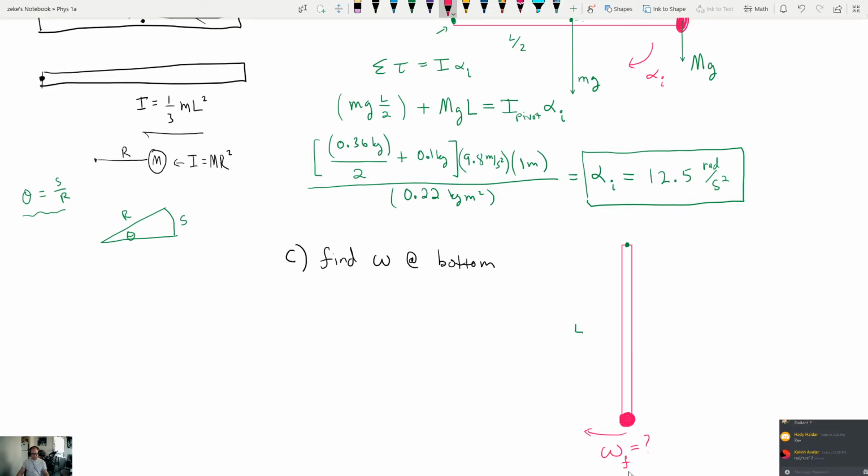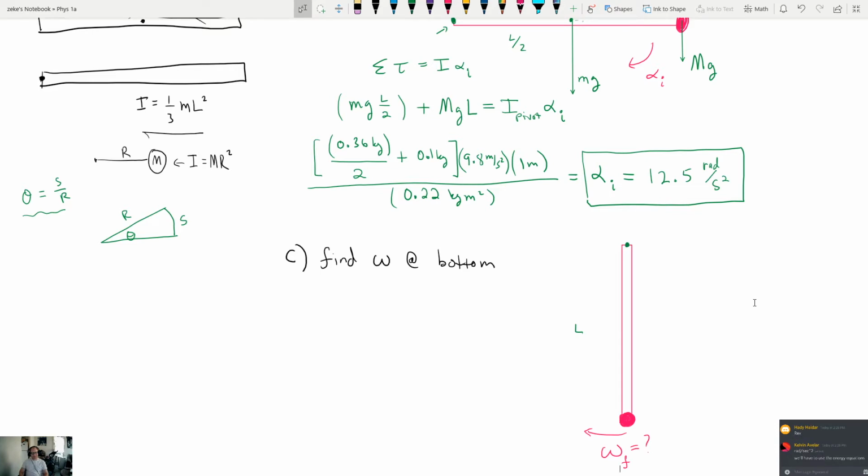All right, so how do we want to solve this? What's the best way to go about finding this angular speed? Yeah, energy.